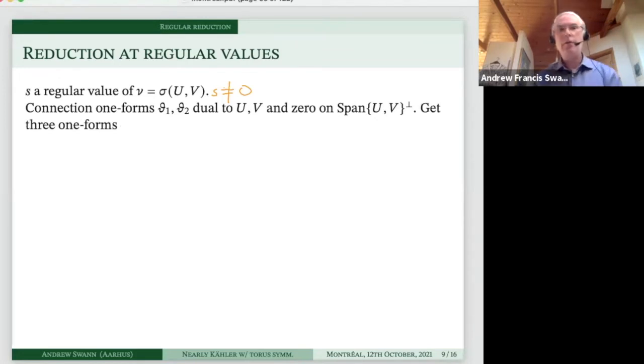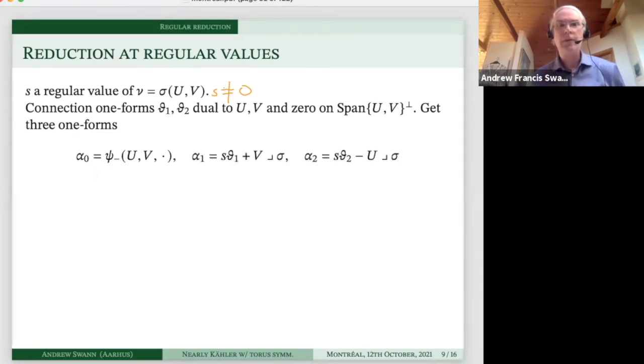So from this data, and the nearly Kähler structure, you can construct three one forms. We had two three forms around. Psi plus contracted with U and V was just the differential of nu, but you can contract psi minus, so this is alpha 0, call this.